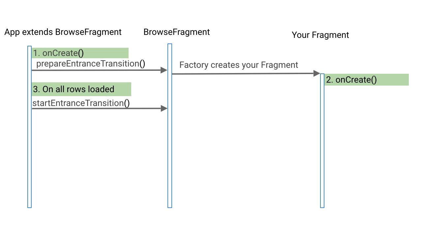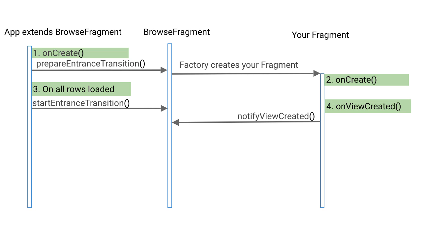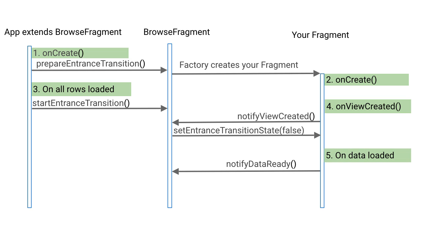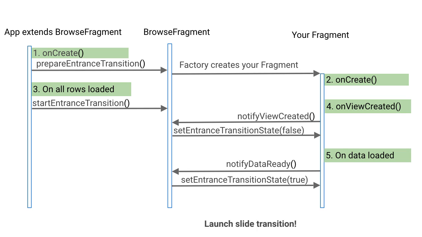But we cannot start the animation yet because your fragment is not ready. So BrowseFragment is waiting for your fragment to call notifyViewCreated. Then, BrowseFragment calls setEntranceTransitionState false. This tells your custom fragment to hide all the views inside your fragment. At the last step, once your fragment loads all data, you call notifyDataReady, and then BrowseFragment calls setEntranceTransitionState true, which tells you to show all the views. Then we can start the animation.